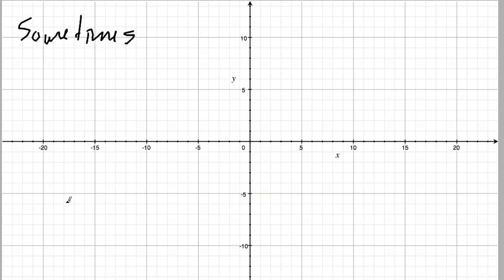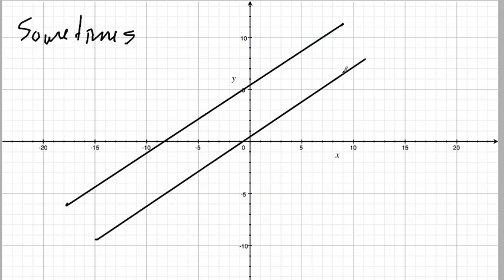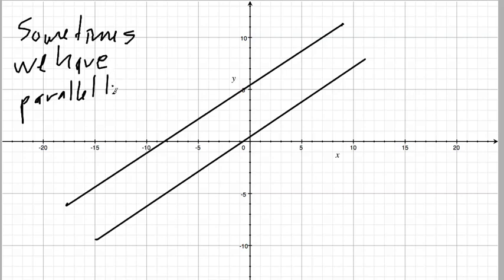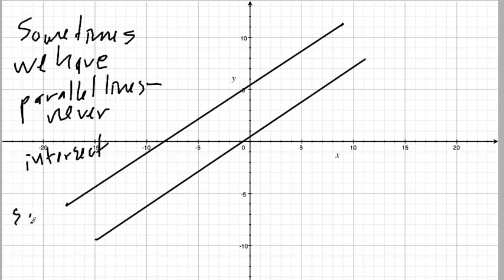However, sometimes we can have lines that are parallel. Sometimes we have parallel lines. That means they never intersect, so there are going to be no solutions.